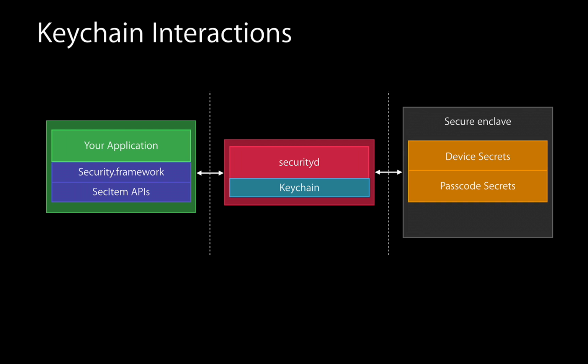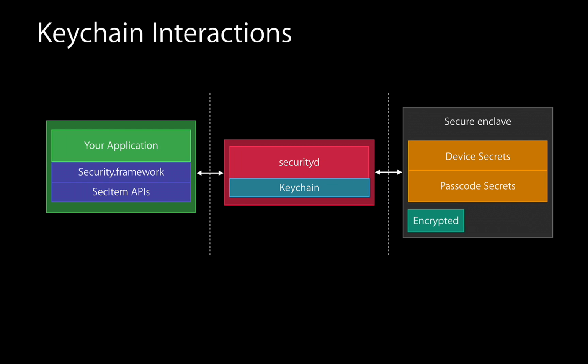Now, let me show you what happens when your application makes a request into the keychain. First, it sends its query to the SecItem interface, which sends the request over to SecurityD. SecurityD then will search the keychain to see if it finds an item, but the item that's returned is encrypted.